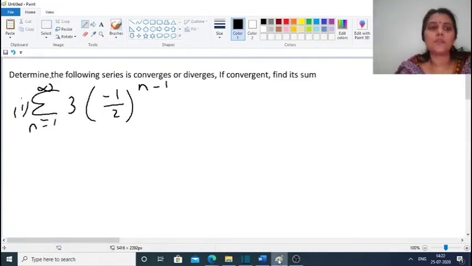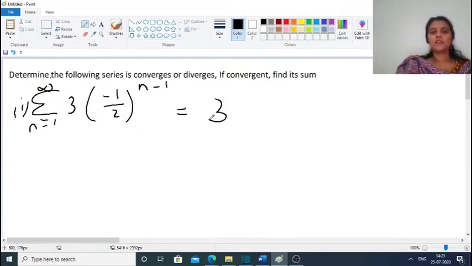Now the problems. The first problem is to determine whether the following series converges or diverges. If convergent, find its sum. The first problem is sigma 3 into minus 1 by 2 raised to n minus 1. We can expand this series. First term, when n is equal to 1, this becomes 3.